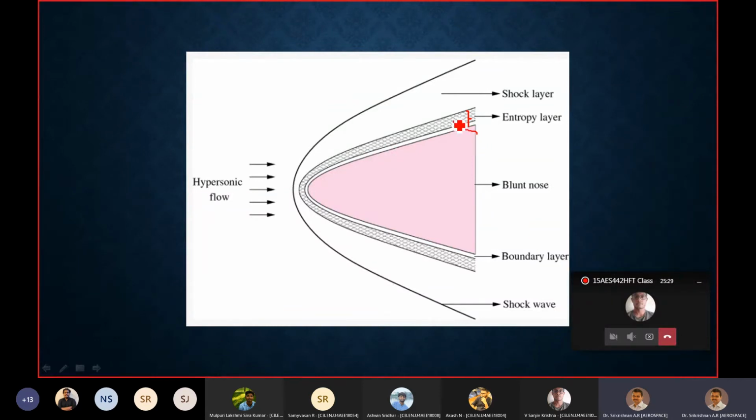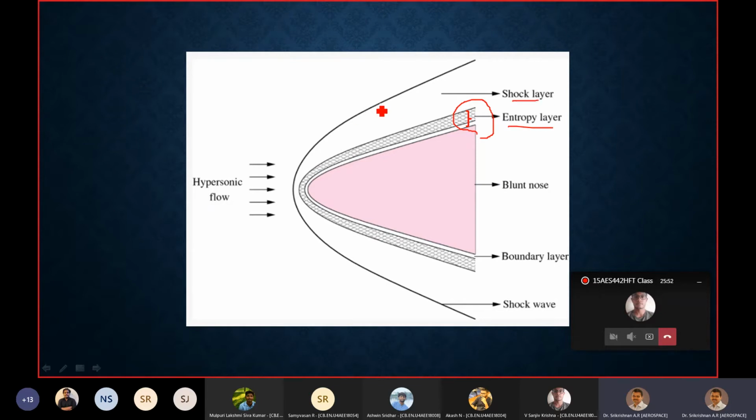You can see that this entire region, which I've tried to mark with a curly bracket, between the body and the outer region, is referred to as the entropy layer. So please understand the difference between entropy layer and shock layer.